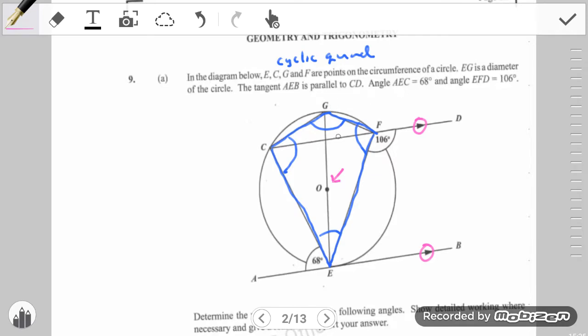Now, with that information, guys, we can safely say that if a diameter is drawn to touch a tangent, then I know right away that the angle created between the tangent and the chord is equal to 90 degrees. Because if a diameter is drawn towards a tangent, the angle created on both sides of the diameter is equal to 90 degrees.